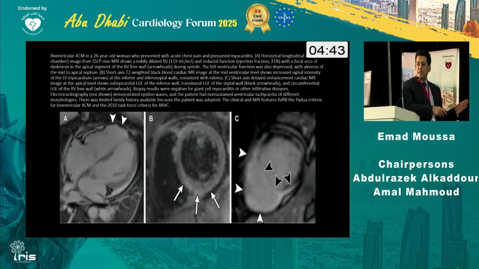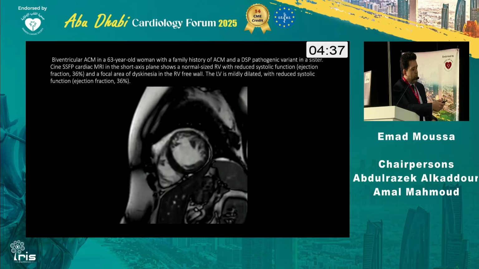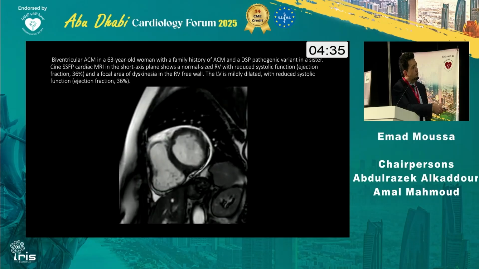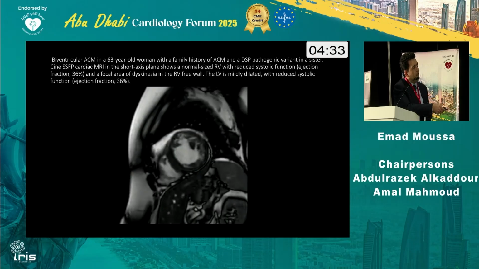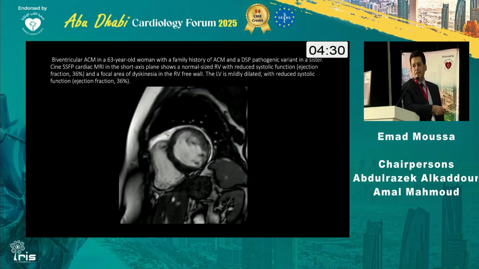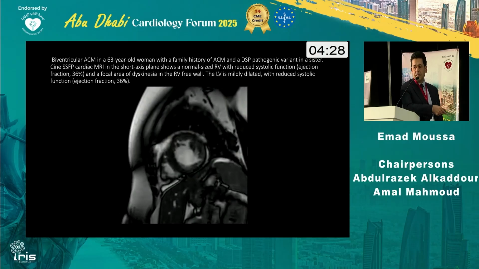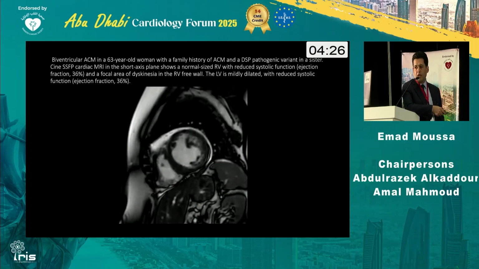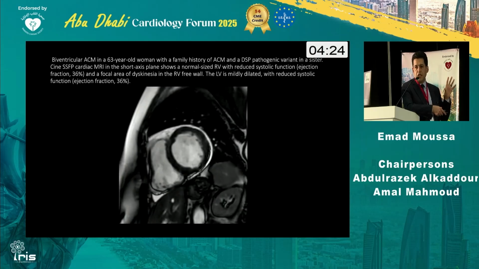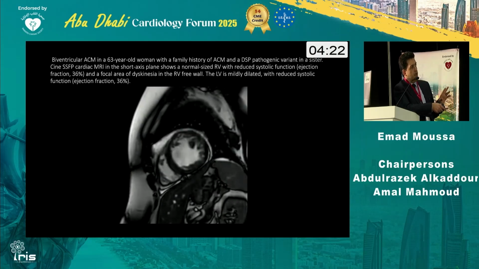This is another example of biventricular arrhythmogenic cardiomyopathy. This is a video, and if we look at this area of the right ventricle apex, you will immediately decide that this area of the apex is dyskinetic. It is not moving. It is bulging with each contraction of the ventricle.